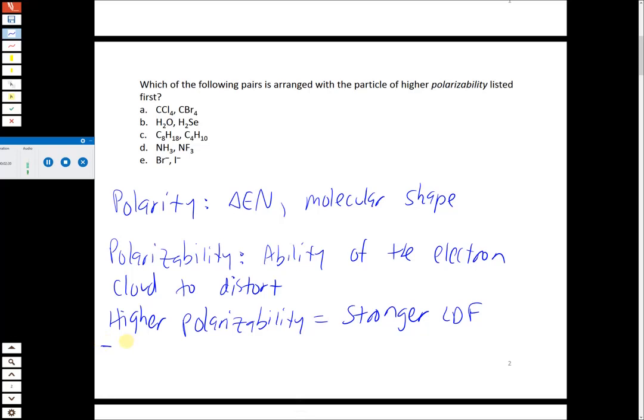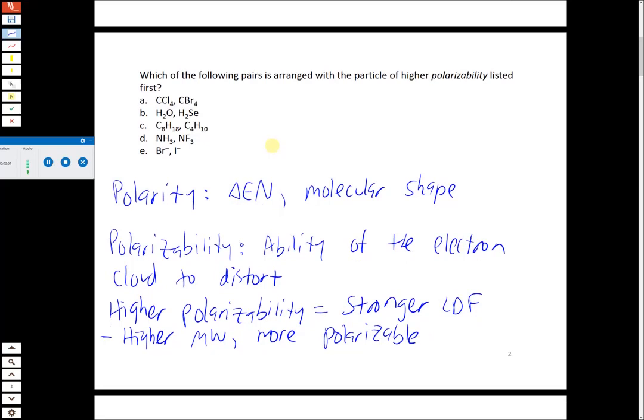So if you have a higher molar mass, that generally means more polarizable. Now really what this is coming from is that you have basically more electrons, and the more electrons you have, the better the ability for these electrons to distort and cause these instantaneous dipoles that lead to London dispersion forces. So that's typically what we look at as molar mass.